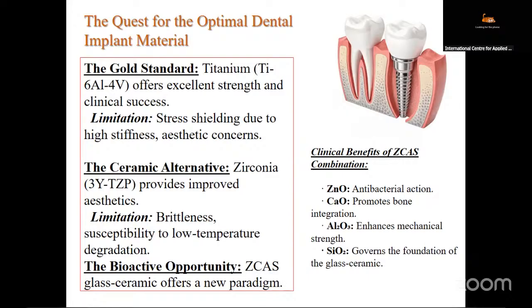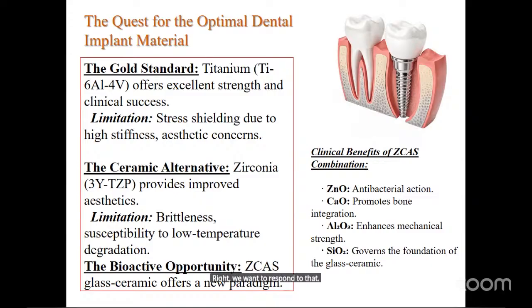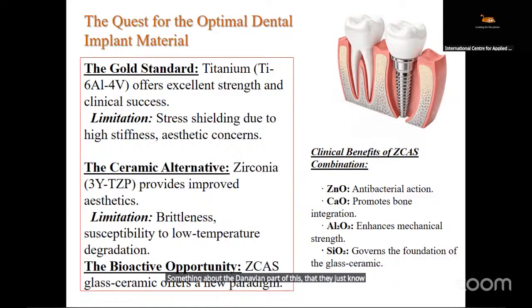Well, we want to respond to that. Okay, sir. If I've gotten the submission right, how do we deal with the existence of aluminium in the composition? Because we believe aluminium has certain disadvantages in the human body. The carcinogenic effect of aluminum has been known these days.